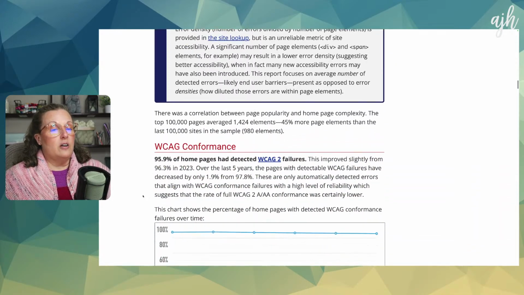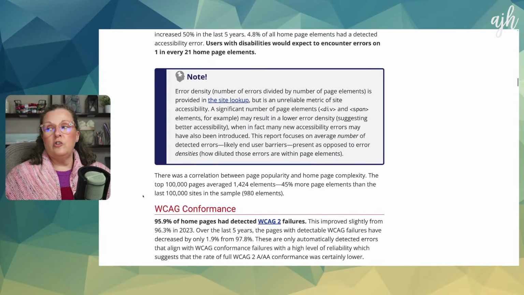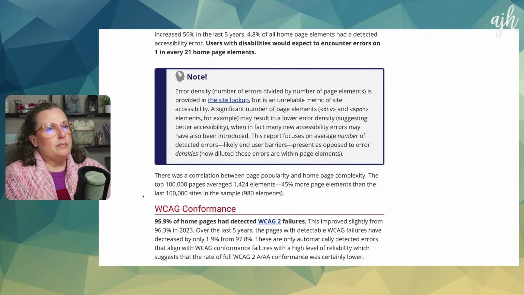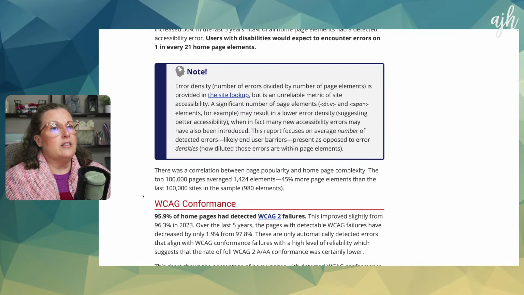I mean, these are big numbers. Okay, so there's a note here about error density. Error density, or the number of errors divided by number of page elements, is provided in the site lookup, but is an unreliable metric of site accessibility.